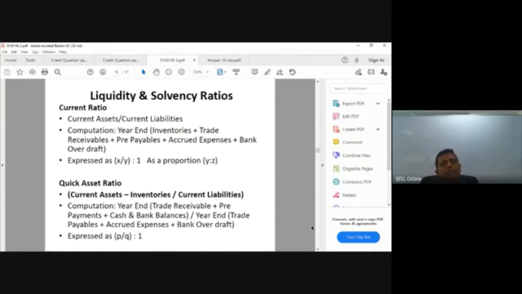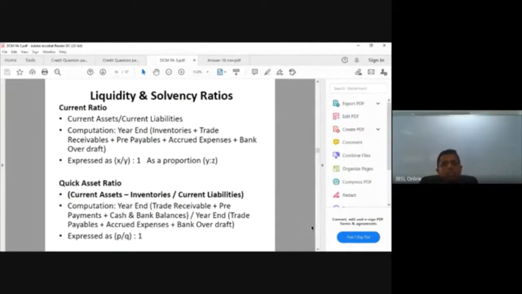Then the second ratio under liquidity is the quick asset ratio, where you take off the inventory figure also from the current assets. Normally, we assume that inventories also take considerable time, even though not as long as selling a vehicle or land. Therefore, in the second ratio, we take off inventories from the current assets.